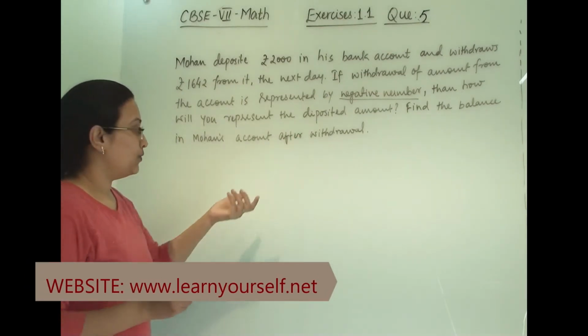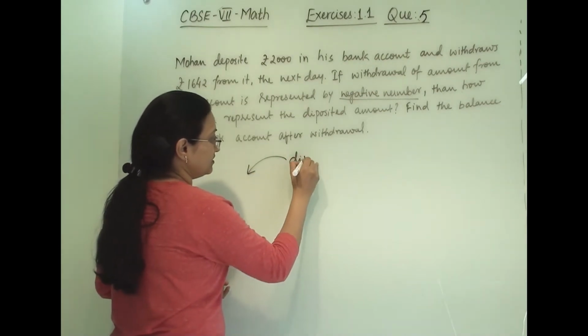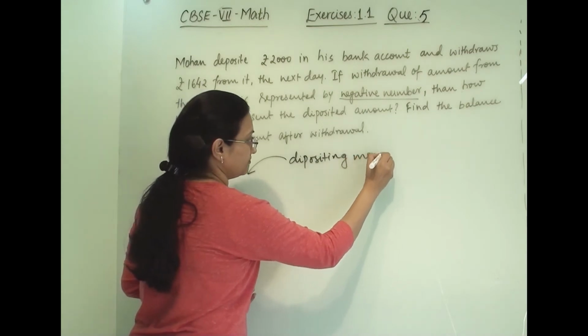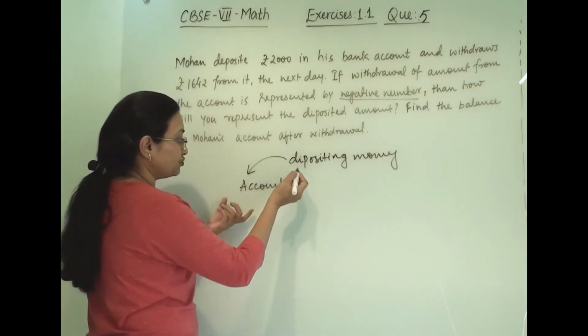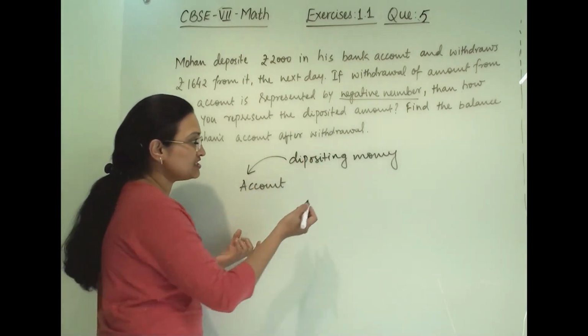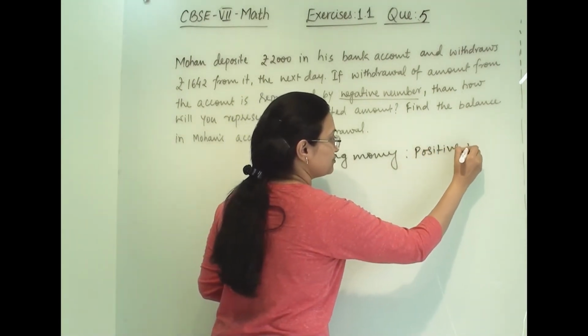So here, whenever you are depositing money in the account, those money are being added to your savings. So this will always be represented as a positive number.